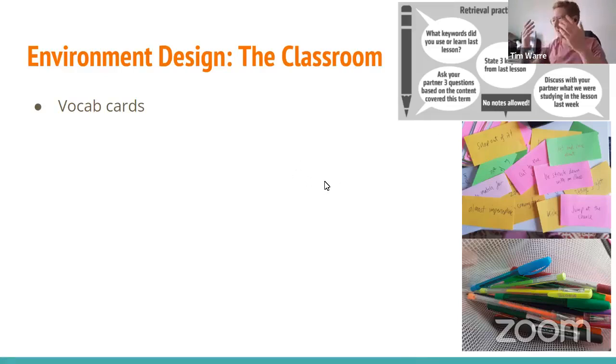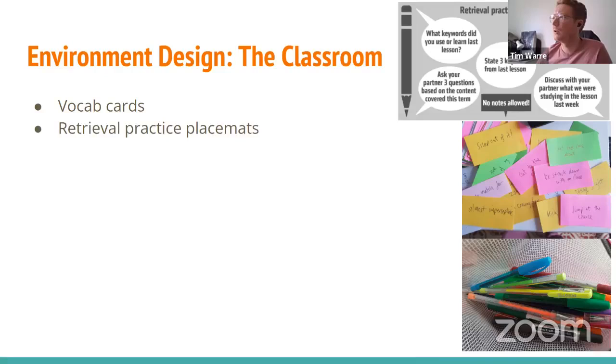So I keep this big bank of vocab cards for all the emergent language that comes up. And basically I leave them on the tables at the start of the class, a bunch of them on all the tables, so that when the students come in, they're waiting for other people to come in, waiting for me to set up, they can just start playing with them. So they can immediately start recycling vocabulary.